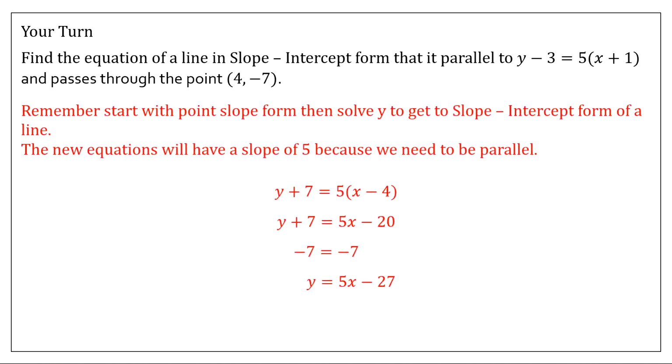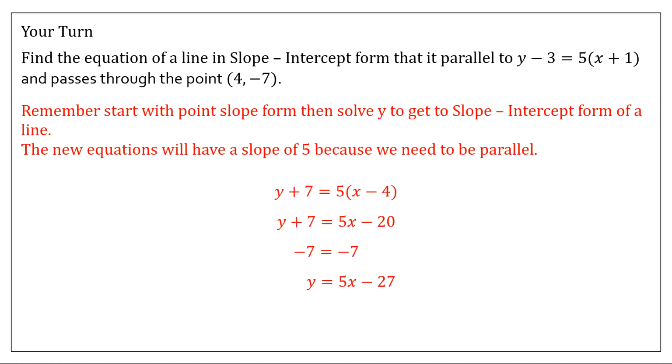Okay, we're going to start with the slope from our original equation. It's 5, so our new line has to have a slope of 5. I've asked you to create the slope-intercept form, but we're going to start with point-slope form to get there, because we're able to solve point-slope form for y. So we plug 5 into our equation, we plug our point in, and the point-slope form to start with is y plus 7 equals 5 times x minus 4.